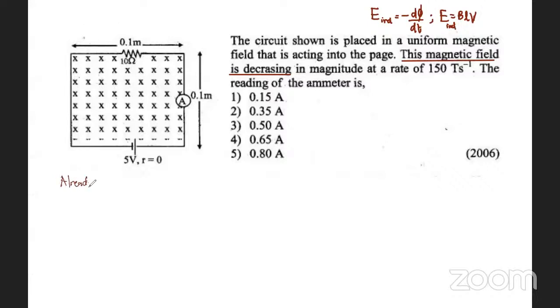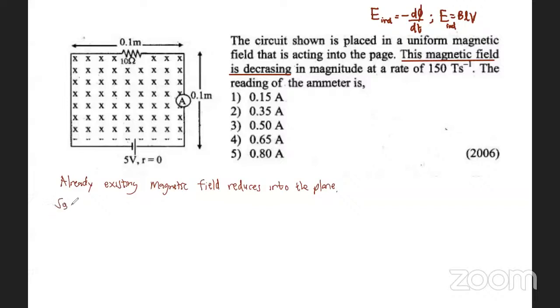The already existing magnetic field, what is happening to that magnetic field? It reduces into the plane. If the already existing magnetic field reduces into the plane, what should happen?